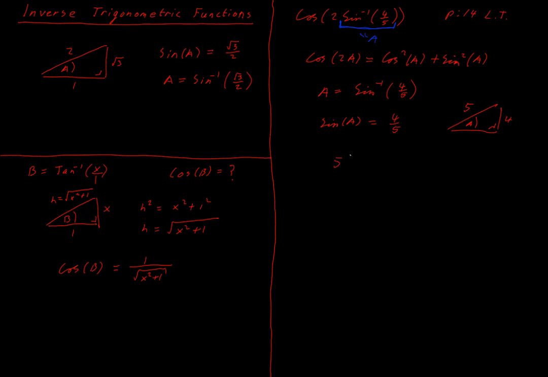5 squared is equal to 4 squared plus, I'll call it x squared. So I end up with 25 is equal to 16 plus x squared. When I work that out, I will get that x is equal to 3.